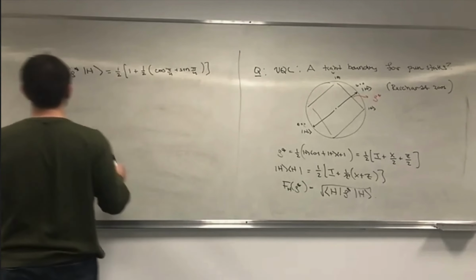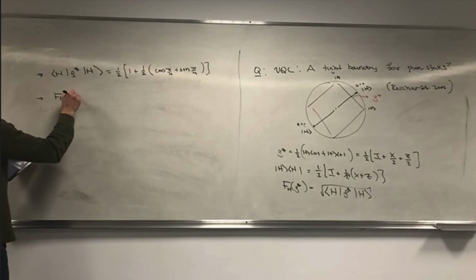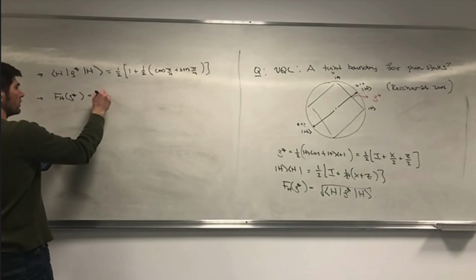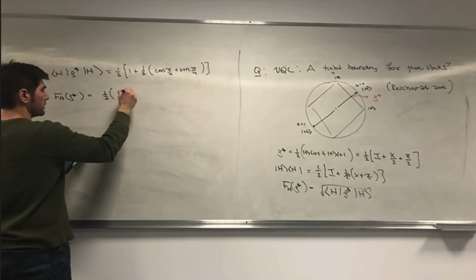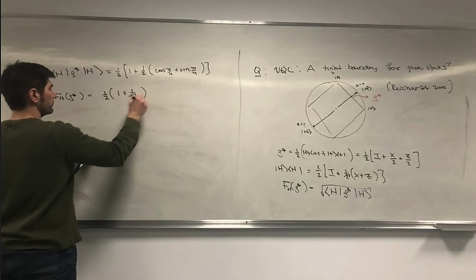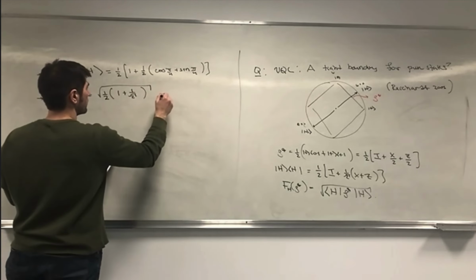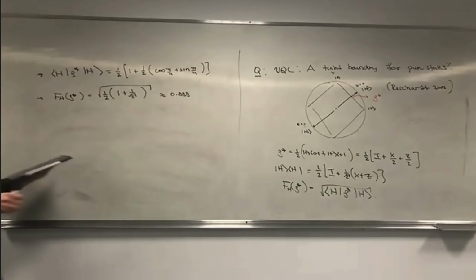When I compute the fidelity, I get F_H of rho star equal to 1/2 (1 plus 1 over the square root of 2), which is on the order of 0.888.